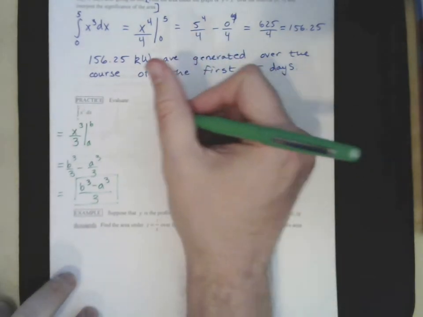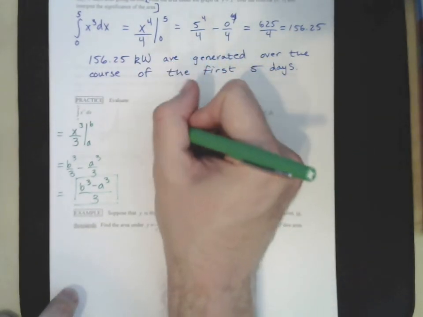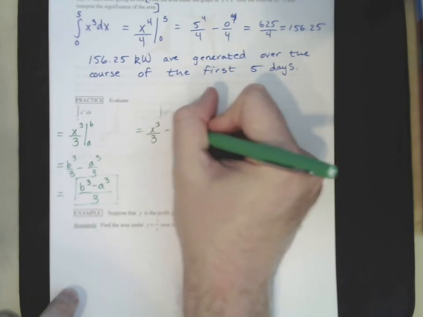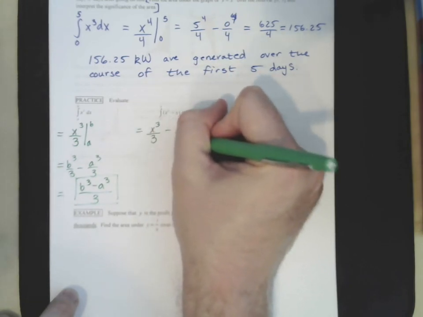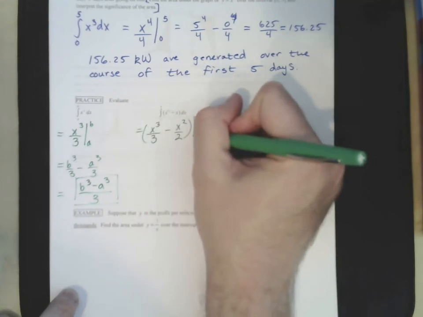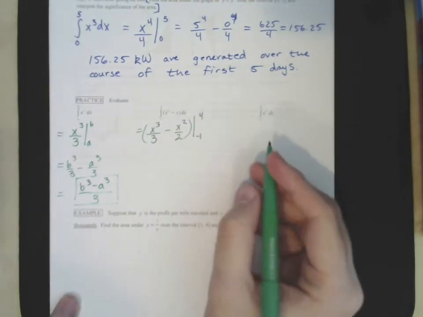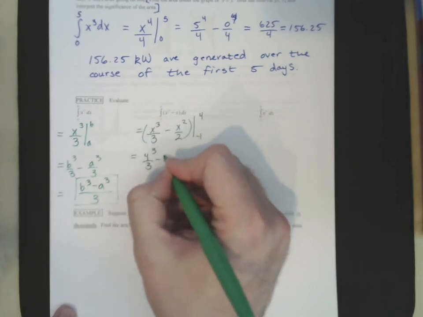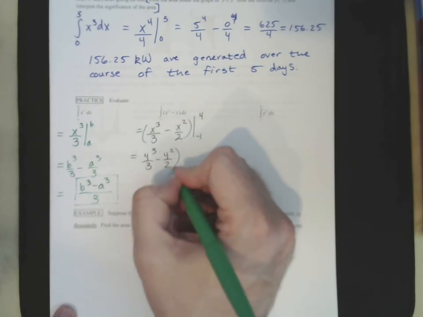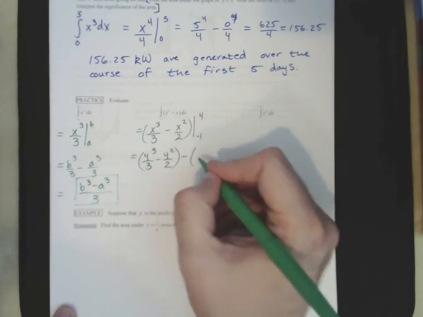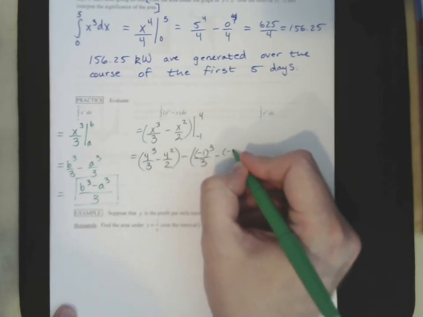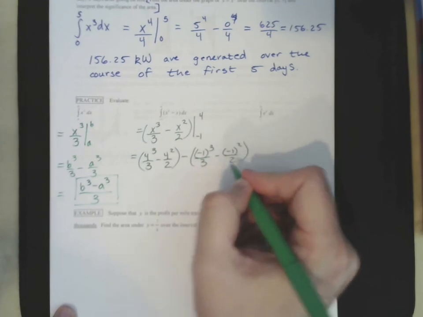And the next one, the antiderivative of x squared minus x is x cubed over 3 minus x squared over 2. This is getting evaluated from -1 to 4. So this is 4 cubed over 3 minus 4 squared over 2, minus -1 cubed over 3 minus -1 squared over 2.